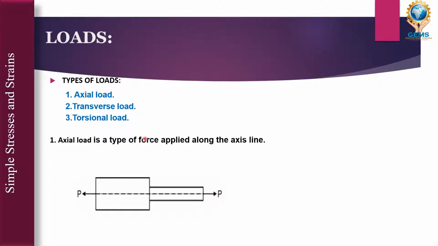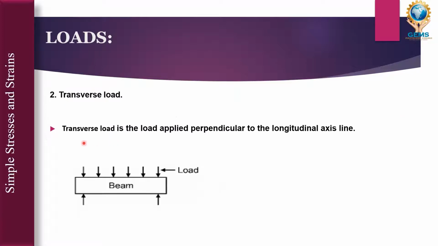Now we will see what is transverse load. So transverse load is the load applied perpendicular to the longitudinal axis line. That means we are not going to apply the force along the axis line. In this transverse load, we will apply the force perpendicular to the longitudinal axis line.